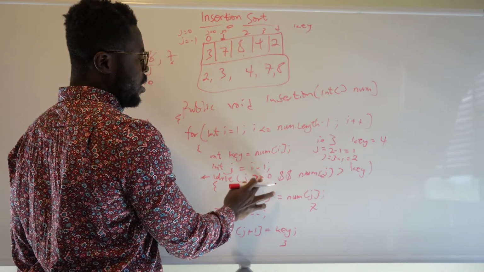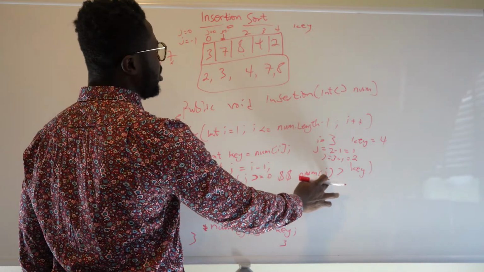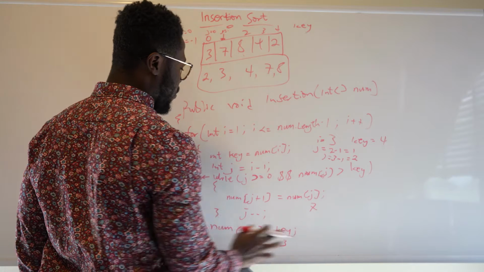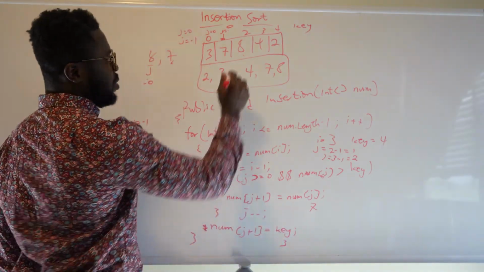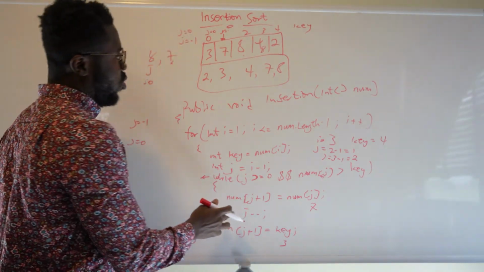So we come here, this passes, num at 2 is 8. 8 is greater than the key because it's 4. So then we set 8 here, right?